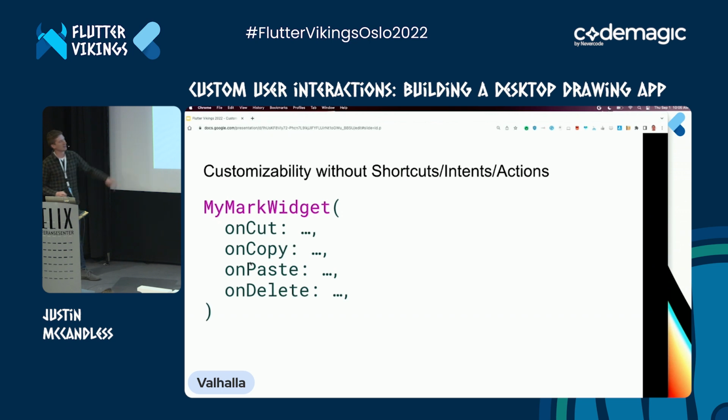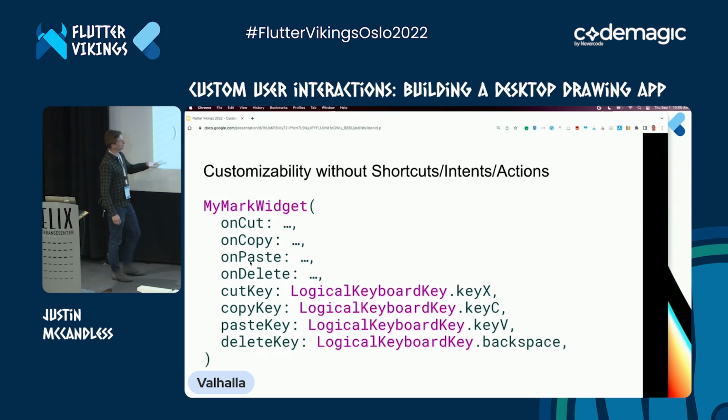And so if I wanted to allow this mark widget to be customized for the keyboard shortcuts that it supports, naively, I might just add some callbacks to it. If I want to change the keys that you use to trigger those, naively again, I might just pass those in as keys. But as this grows, as we add more and more keyboard shortcuts, the number of parameters just explodes.